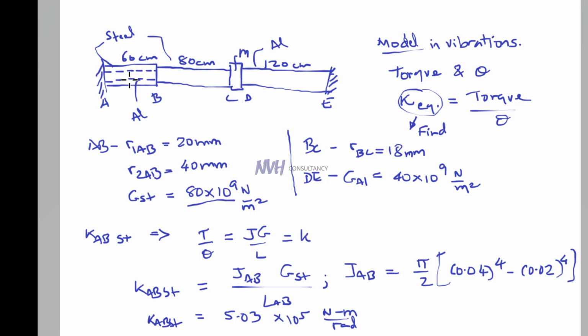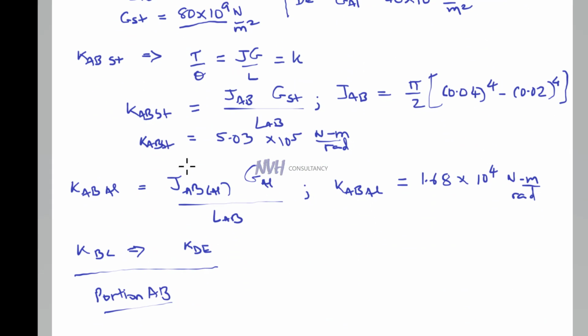They are connected to each other, so they will have the same angle of twist. That means the stiffness of each of these will be added together. So the stiffness of the entire AB portion, KAB, equals the stiffness of the steel portion plus the stiffness of the aluminium portion.